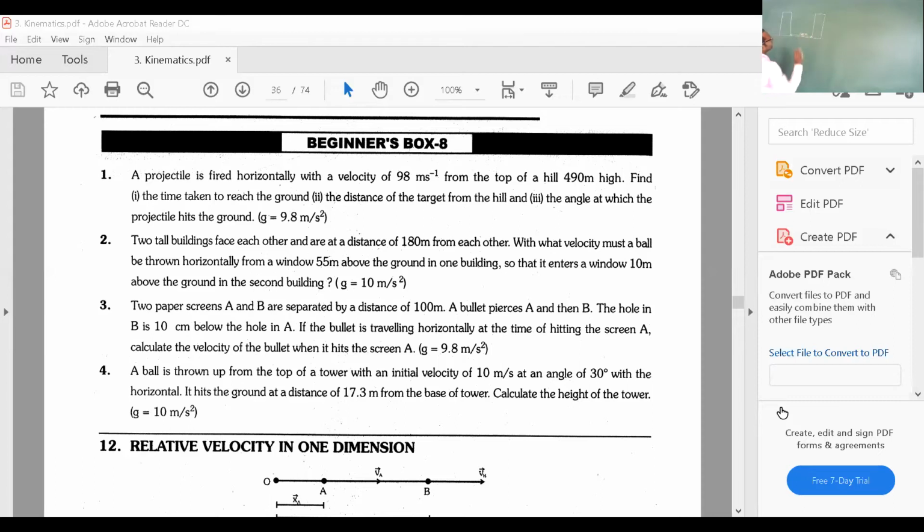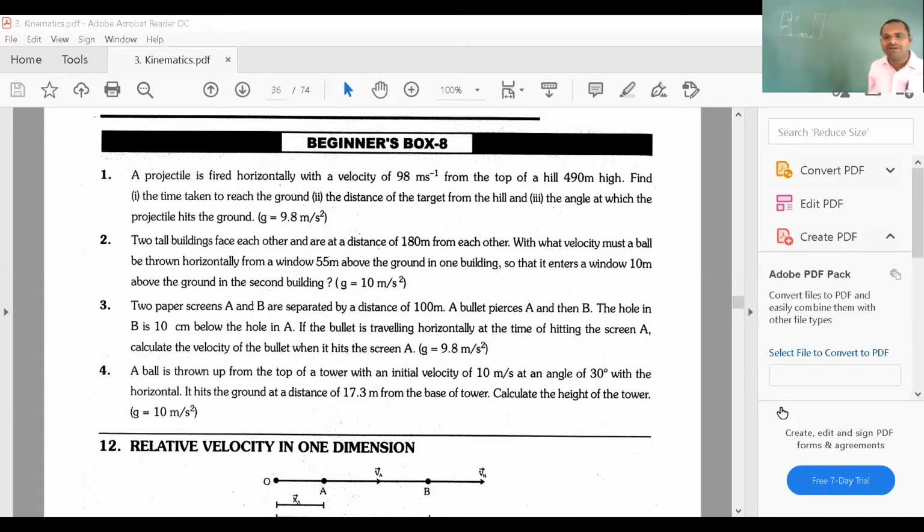What velocity must a ball be thrown horizontally from a window 55 meters above the ground? Let us imagine here there is a window, and from here, with some velocity u, we need to throw a ball, and this window is at a height of 55 meters above the ground.